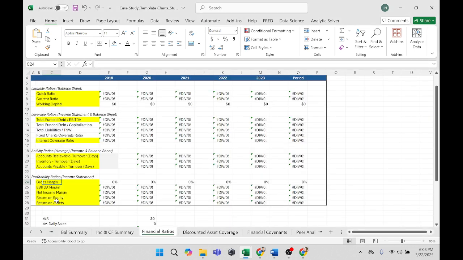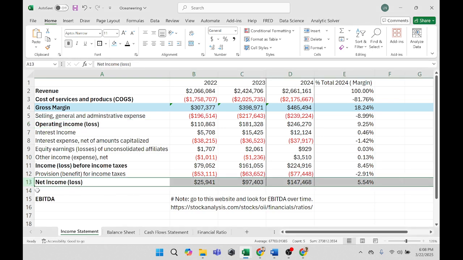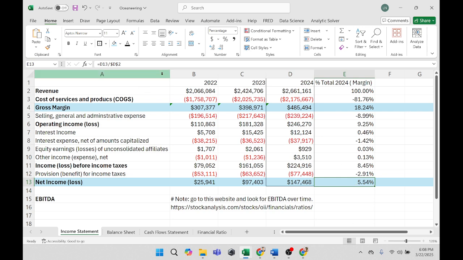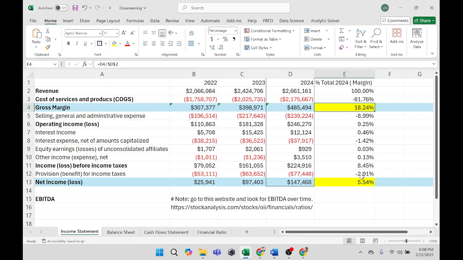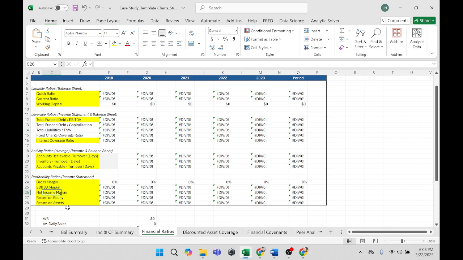And what else? You see net income margin. So you go to net income down here, and that is the net income margin. This number and this number right here are called margins.